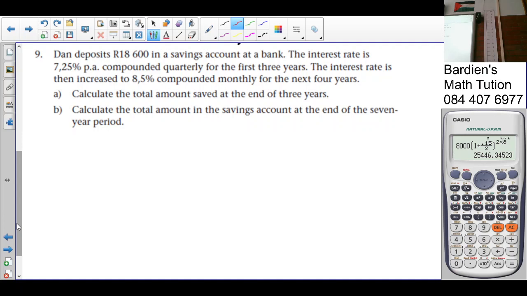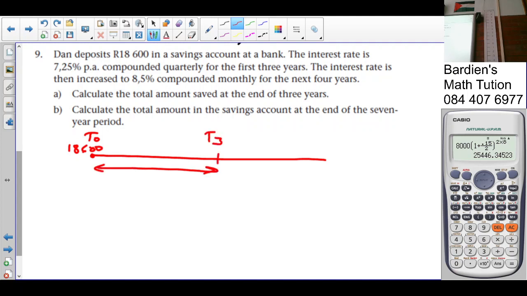So, if you look at the timeline here for what's happening, remember, we have dealt with timelines in grade 10. What happens initially? Deposits 18,600. The interest rate is 7.25% per annum compounded quarterly for the first 3 years. So that takes us to T3. It's compounded quarterly, so it's 1/4 for the first 3 years. The interest rate then increased to 8.5% compounded monthly for the next 4 years.